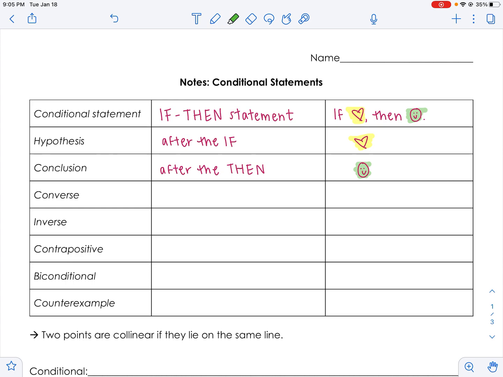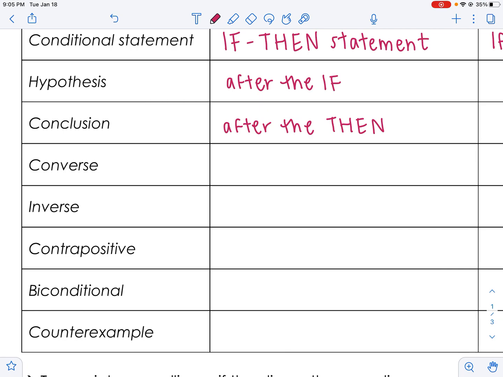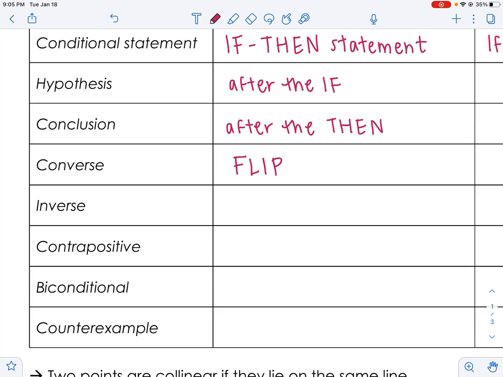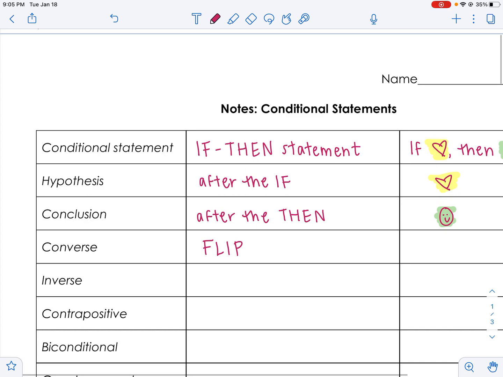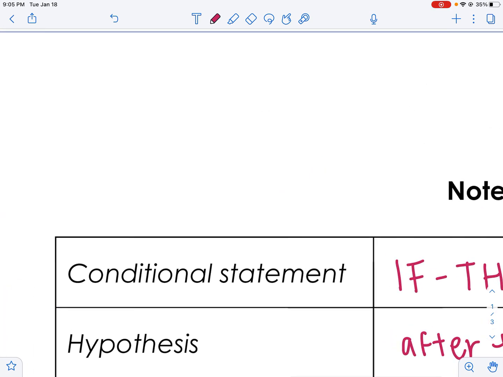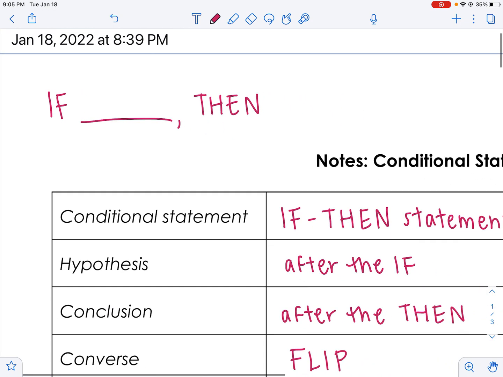Now, one of the ways that we can tweak these statements is by taking the converse, which flips the statement around. Now, keep in mind that all of our statements are going to be if-then statements. So as we start tweaking them with converse, inverse, contrapositive, they all still need to have if something, then something in that order.